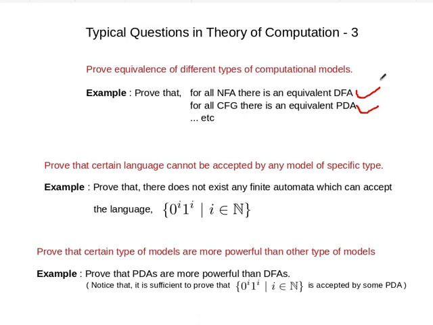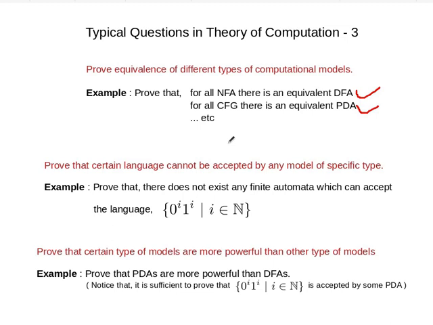Yeah, we will prove this kind of theorems, which show equivalence between different types of models. And then we will also prove that some models are strictly more powerful than others. That means we need to come up with a language which can be accepted by some type of model, and then we will have to show that it cannot be accepted by any model of some other class.